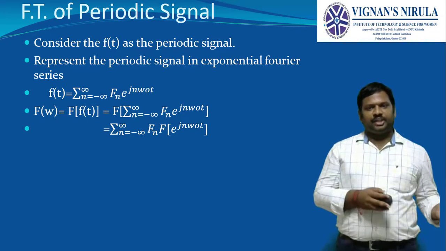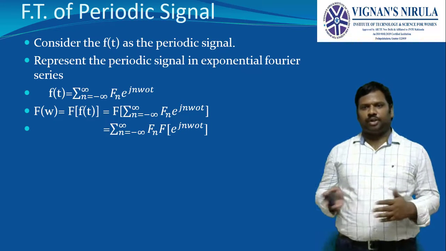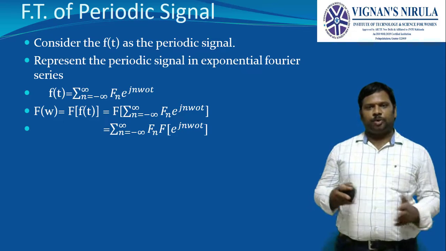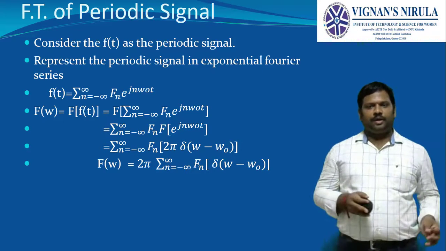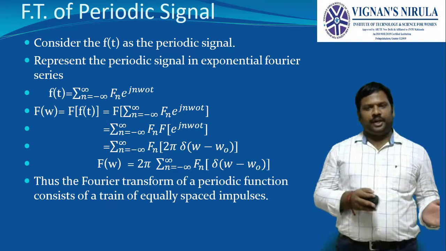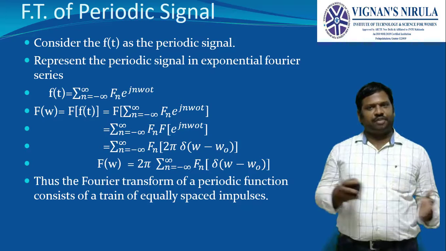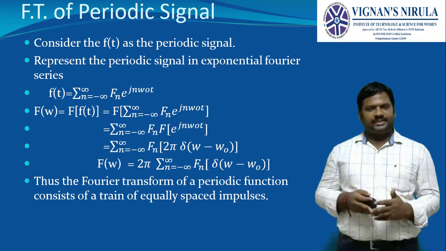While taking the Fourier transform on both sides, where Fn is a constant, we can keep it outside. We can take the Fourier transform of e power j n omega naught t, which is nothing but 2 pi into delta of omega minus n omega naught. Therefore, we get 2 pi into the summation n varies from minus infinity to infinity of Fn delta of omega minus n omega naught. Here it is n omega naught.